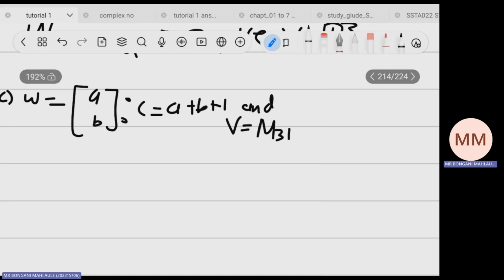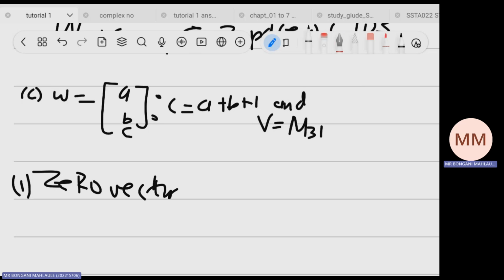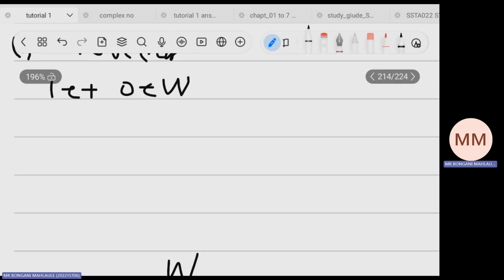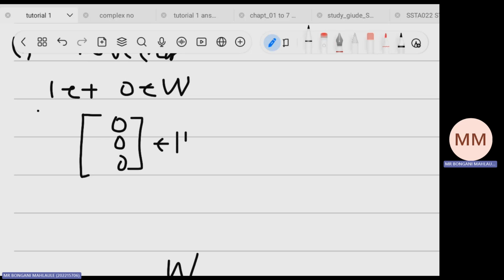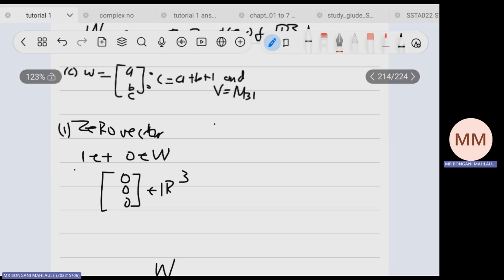Then we come to this one. We know that for a vector, this was C. We're going to check for the zero vector. We'll say let zero be an element of W. Now, if this is an element of R3, then we want to apply that condition.